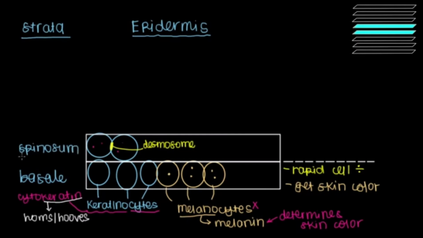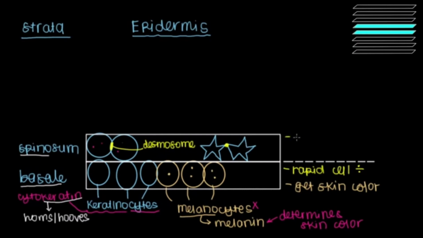Why is it called spinosum? In a microscopic view, the cells look like a star. They're pointy and shriveled because they lose water. They're spiny, so remember that.